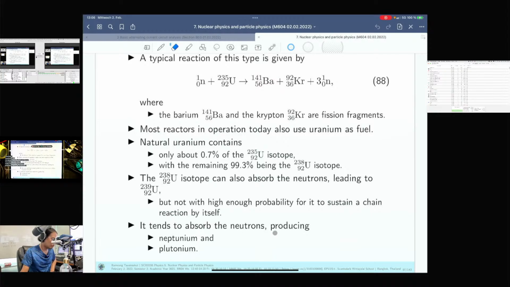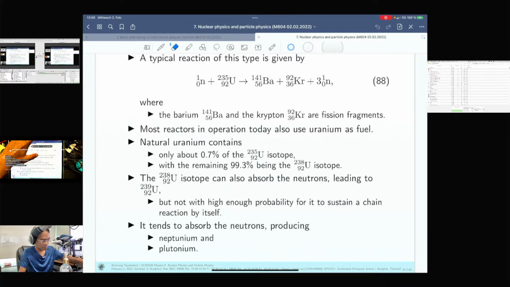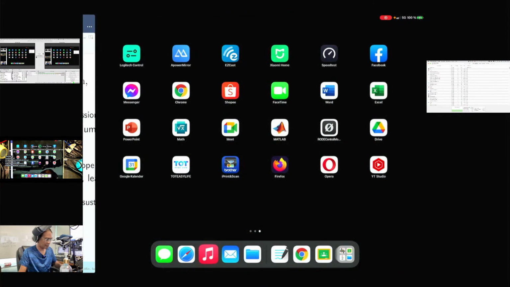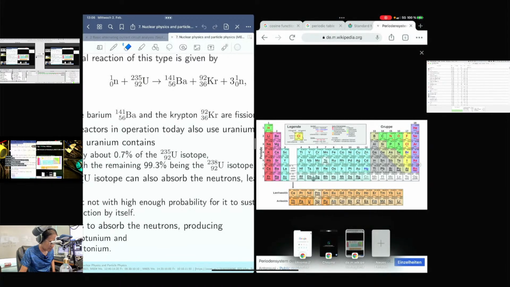Uranium-238 tends to absorb neutrons also, but rather than being decomposed into fragments X and Y, it turns out to be neptunium or plutonium. So let's take a look at neptunium and plutonium. Uranium is here.